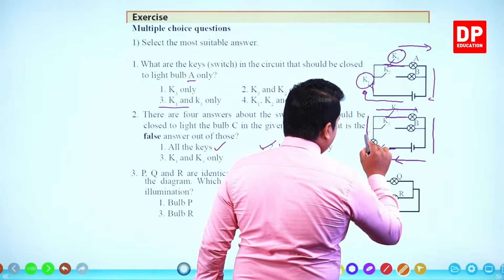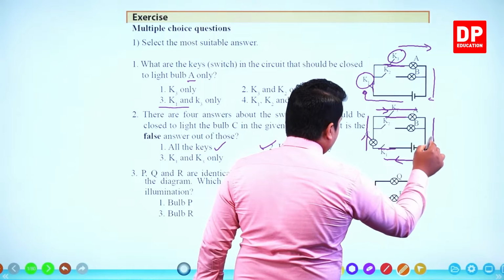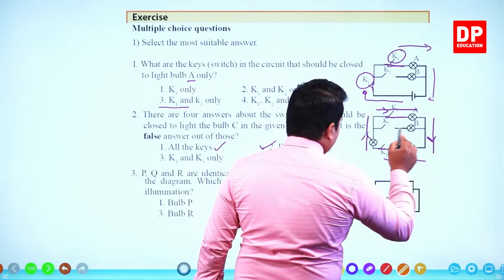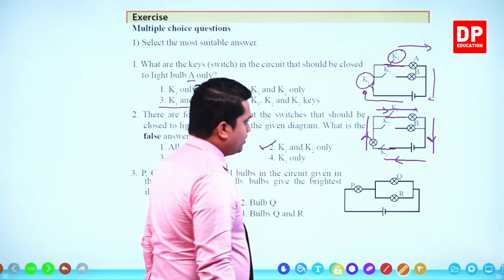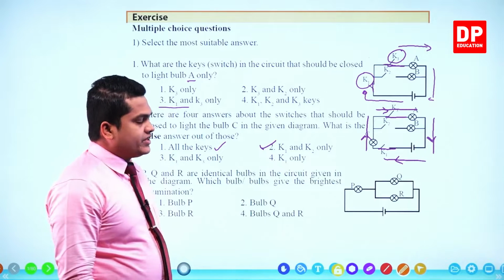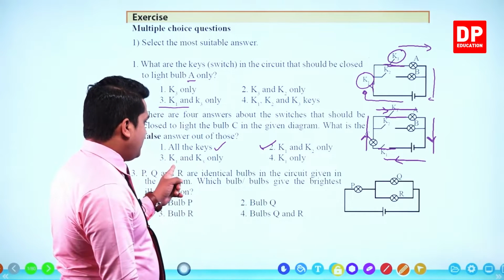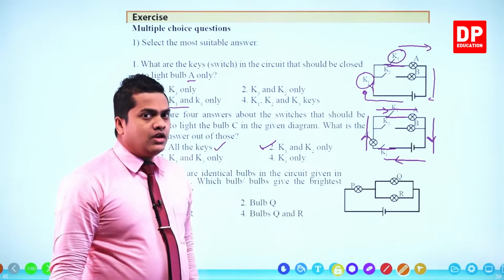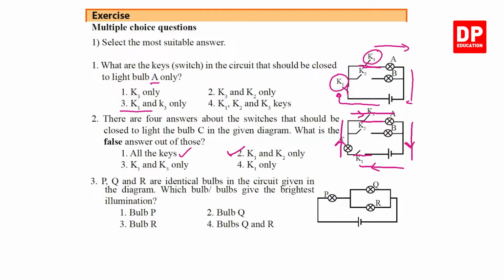So when you are closing K1 and K3, the bulb would light up. So let's erase. This is also correct.